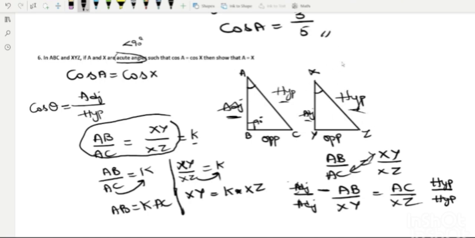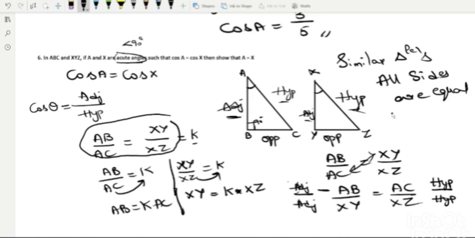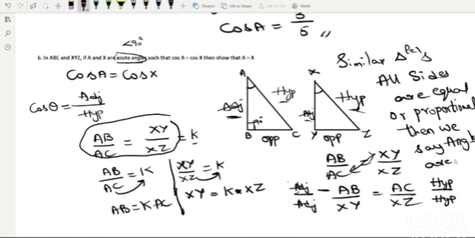So as per the similar triangles rule, if all sides are equal, or we say proportional, then we say the angles are equal.